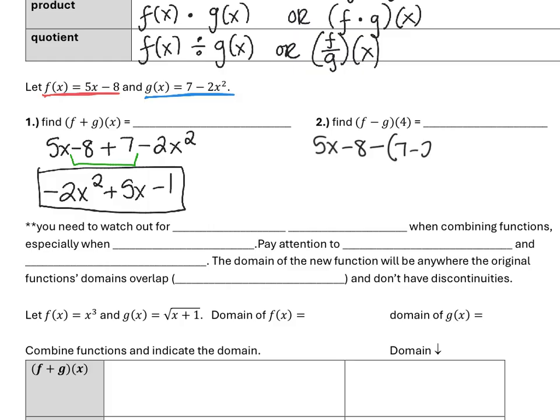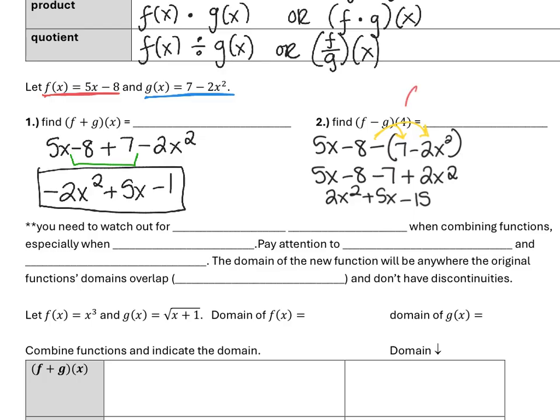So put it in parentheses, because we're going to subtract the entire function, and then distribute that negative sign to both, because you have to subtract the whole thing, so subtract both terms. 5x minus 8 minus 7 plus 2x squared. So then fully simplified, 2x squared plus 5x minus 15.